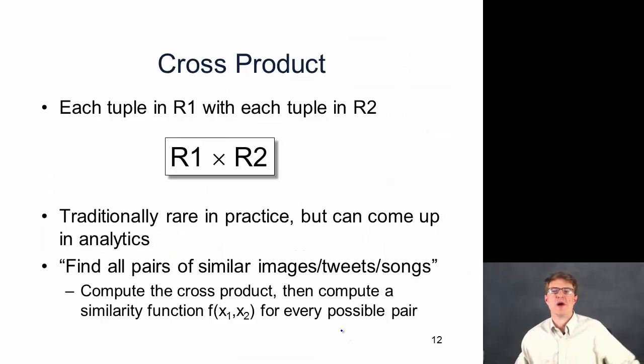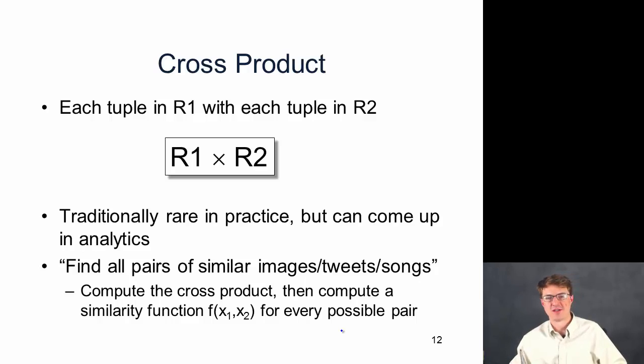Okay. So an operator that you won't hear much about, but I do want to mention for a couple of reasons. One is that it's useful as a reasoning tool when you're thinking about manipulating tables, and the other is that it's coming up more and more often in analytics applications and data science applications. It didn't come up very often in traditional relational database applications, and that's this notion of cross product.